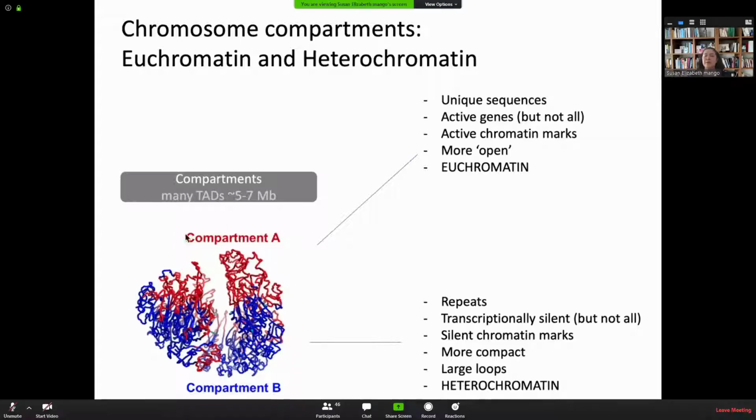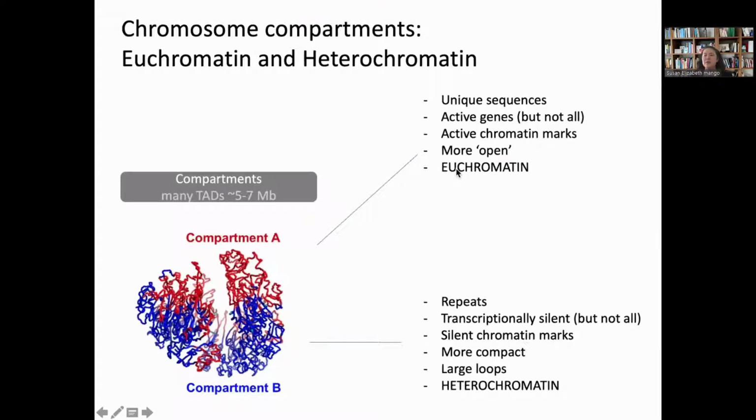So an A compartment is essentially the euchromatin section. It has more unique sequences, fewer repeats, active genes, but certainly not all, active modifications of histones, and it tends to be what people consider more open, although that's a very vague term. So think of this as where the bulk of the transcription and activity is going on.